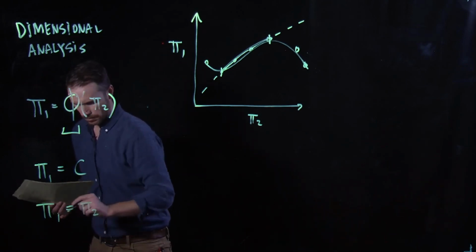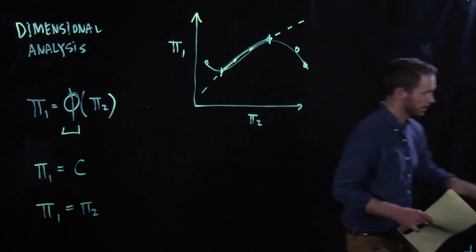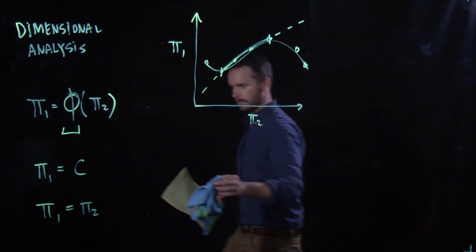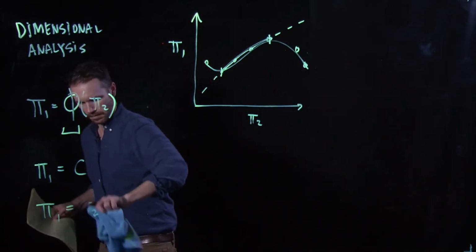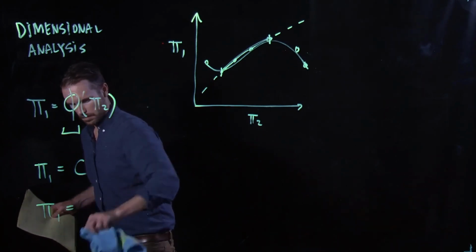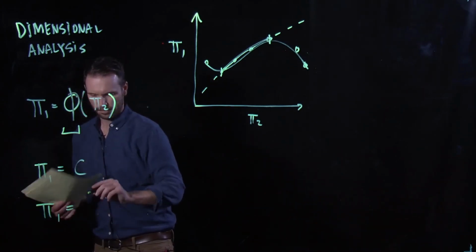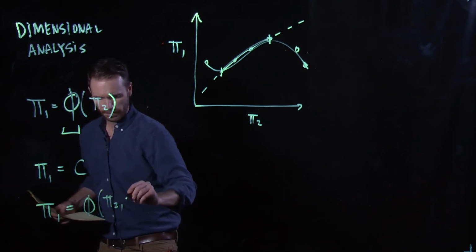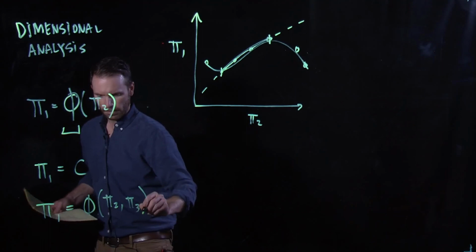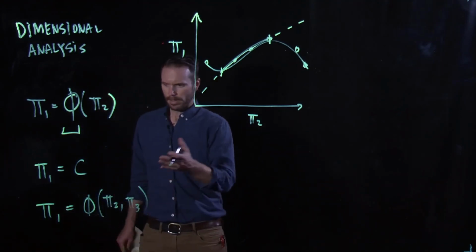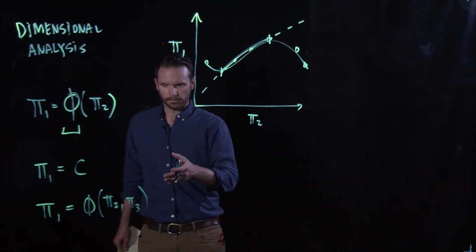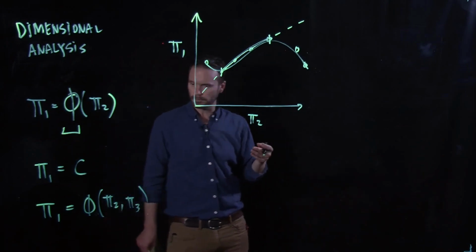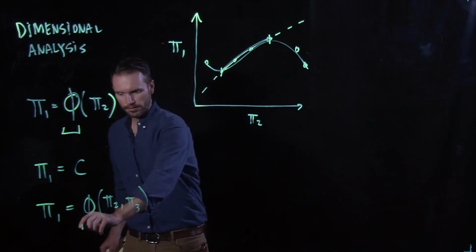Oops, messed that up. Pi 1 is a function of pi 2 and pi 3. All right. If we have a functional relationship between 3 different pi terms, we would still need to be able to determine this function experimentally.